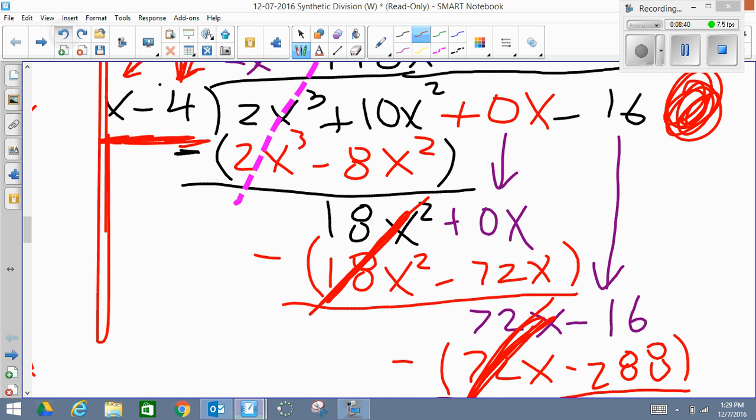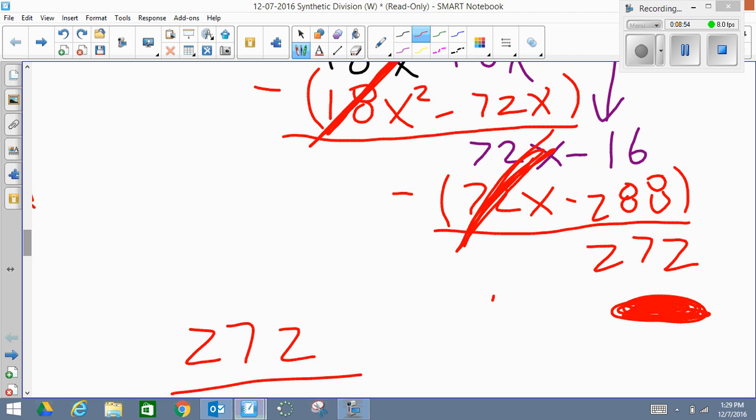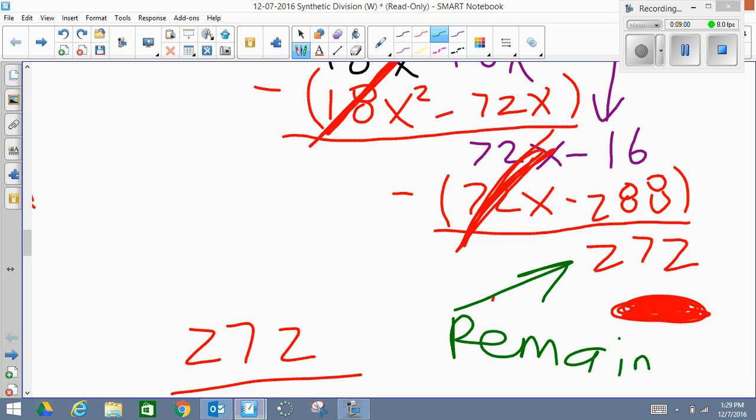If my divisor has an x, in order for me to divide, the bottom has to have an x or higher, x squared, x cubed, or something. If there's no x, that means this number is your remainder. So this is your remainder.